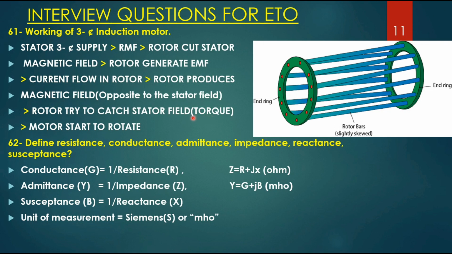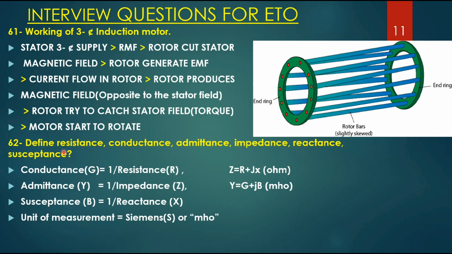It will try to reach a speed as close to the RMF as possible, but it will not catch the RMF speed. So it keeps on rotating, and the motor starts to rotate. Here you can see the bars are slightly skewed. It is to reduce the noise and also to reduce cogging and magnetic locking.